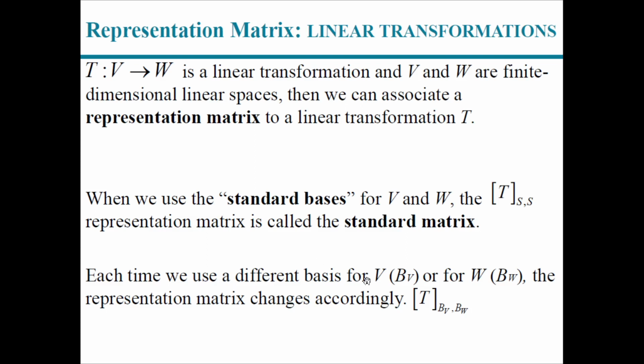But if we use a different basis for V that is not standard, or for W, or for both, then we will have another representation matrix that will be different from this one, and it will be relative to these two bases of V and W.